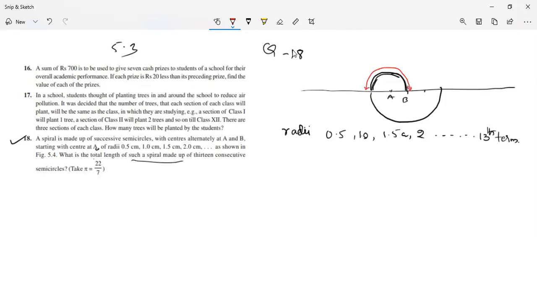And this is the semicircle. The formula for a semicircle is half of the circumference. Half of the circumference is pi r, because the total circumference is 2 pi r.